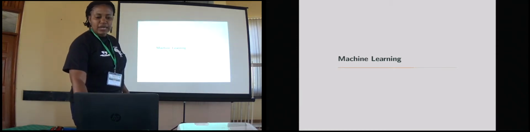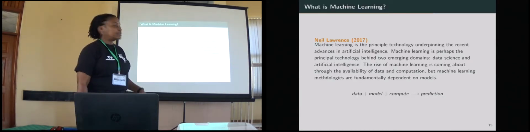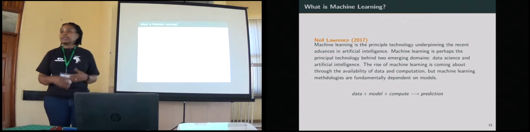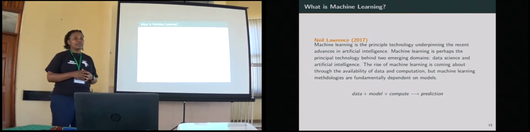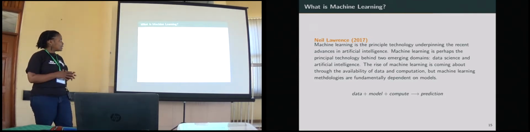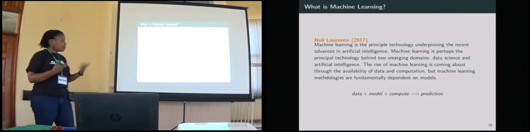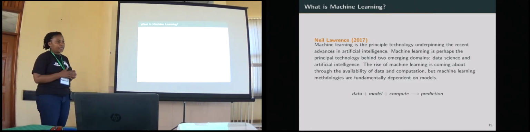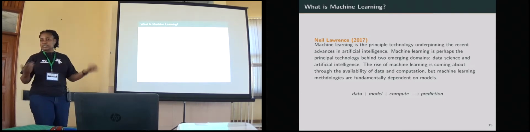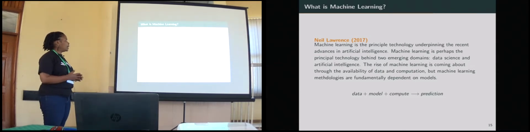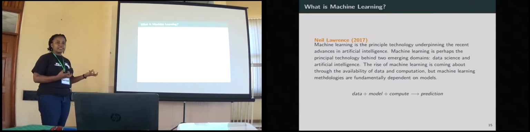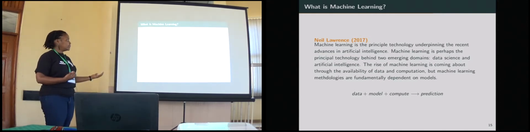So another broad area within data science is machine learning. Basically, machine learning is the principal technology underpinning the recent advances in AI, and we know machine learning is a subdomain of AI. It deals mainly with, you have data, how do you model the data?